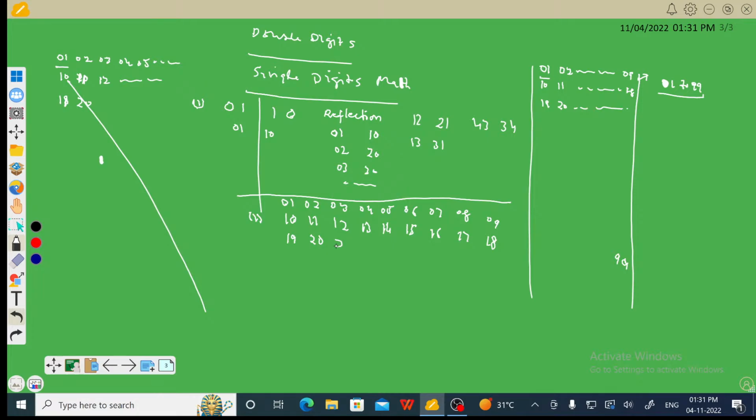And we will see that this table will get divided into an upper part and a lower part along the mirror line 10, 20, 30 and so on.